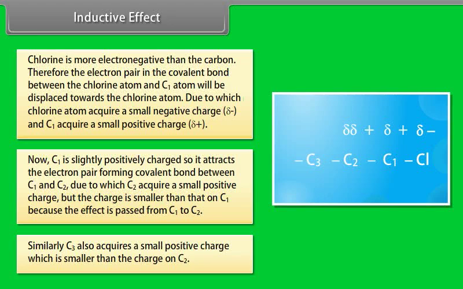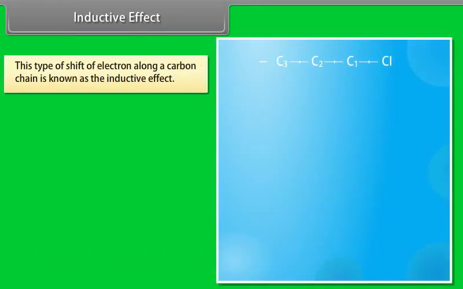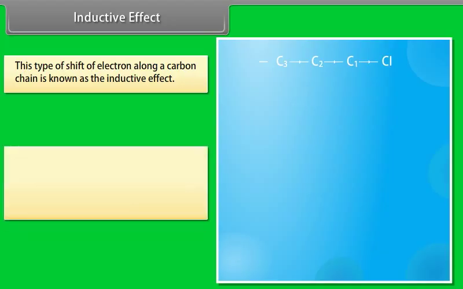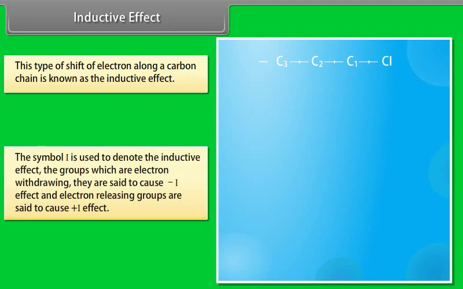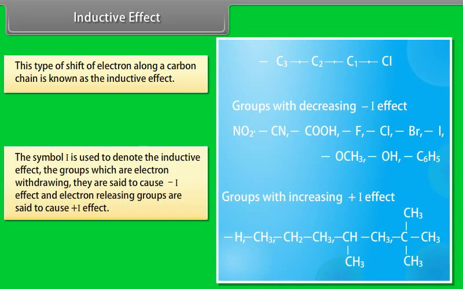Similarly, C3 also acquires a small positive charge which is smaller than the charge on C2. This type of shift of electron along a carbon chain is known as the inductive effect. The symbol I is used to denote the inductive effect. The groups which are electron withdrawing, they are said to cause negative I effect, and the electron releasing groups are said to cause positive I effect.